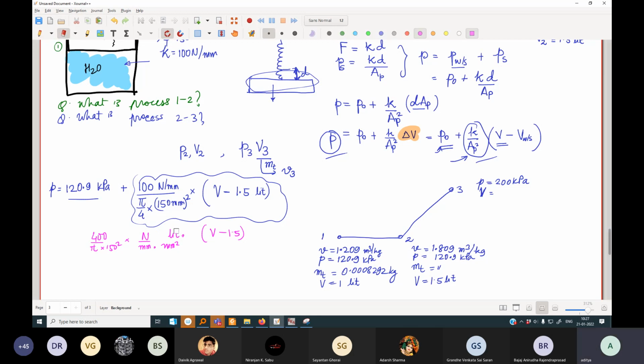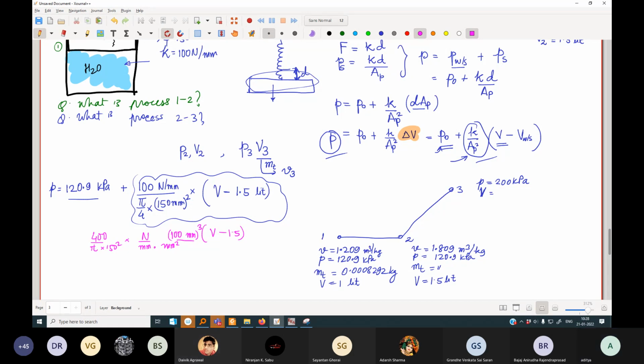So decimeter cubed in terms of millimeter, what is it? 100 millimeter cubed. Are you following what is going on? We've just converted liter into millimeter cubed.